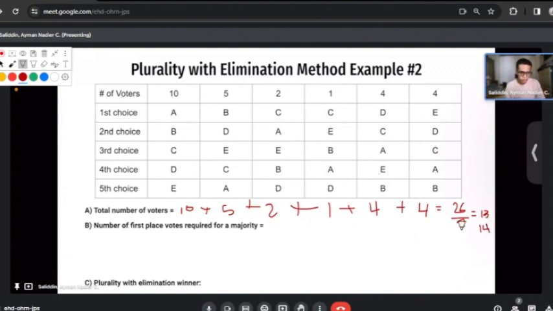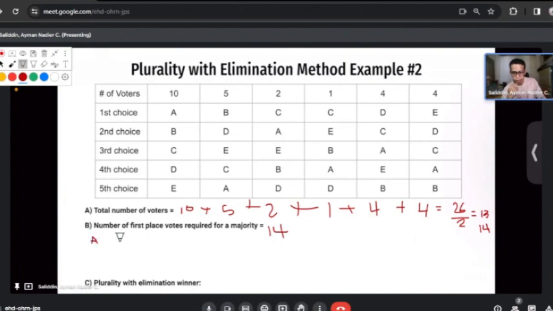Whoever has this is the winner with the most votes after the elimination. So the number of first place votes required for majority is basically 14. So if we look here, let's create a chart.